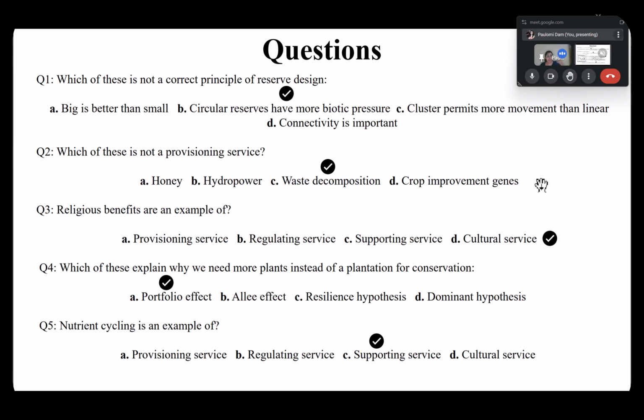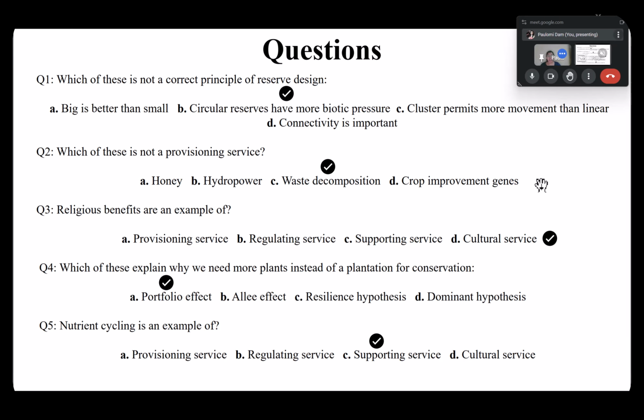Whatever we had invested while making the reserve is totally lost. Instead, if you put different kinds of plants and you have one disease for one kind of plant, you still have other plants that can recover the money that you have invested. So that's the portfolio effect. The portfolio effect and the redundancy hypothesis together explain why we need more plants in a conservation program.